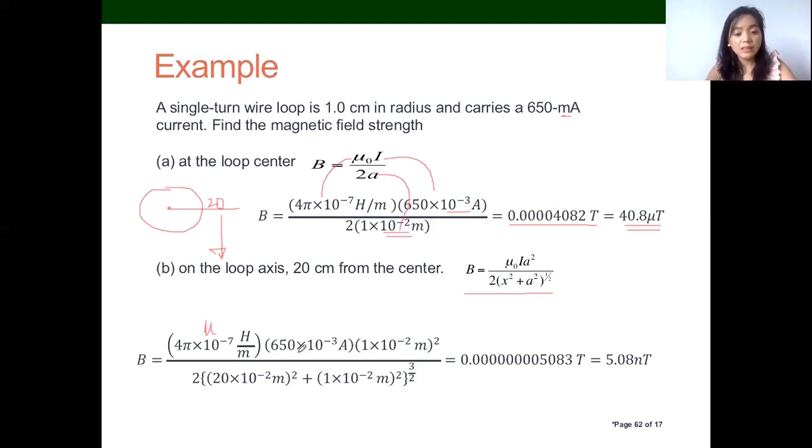This is our I, our A squared, our X, which is 20, our A squared, and then please don't forget to raise the sum of these two to 3 halves. Then we multiply by 2, divide the numerator by the denominator. We will have a long answer, and we can simplify that as 5.08 nanotesla.